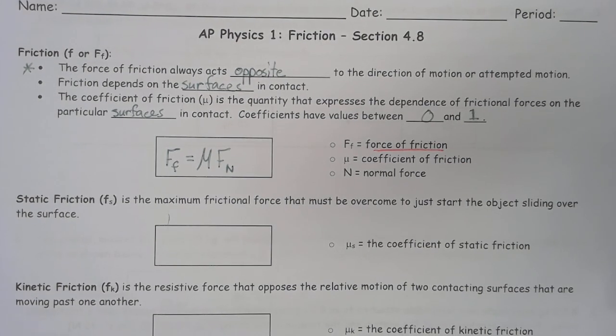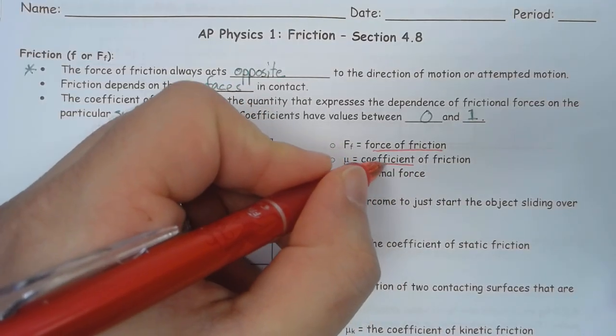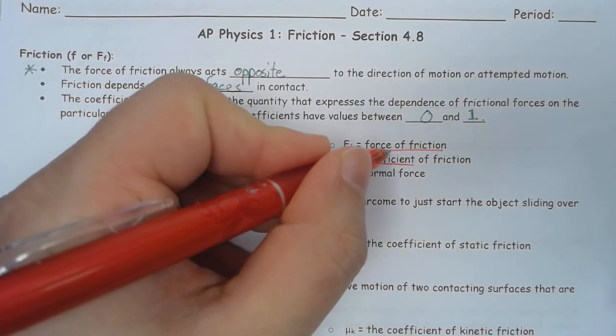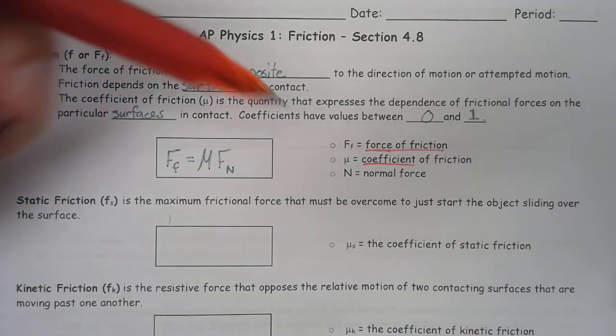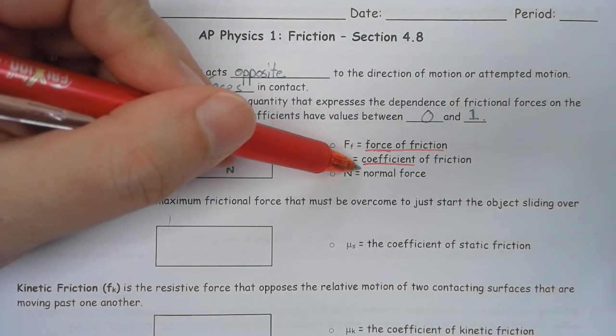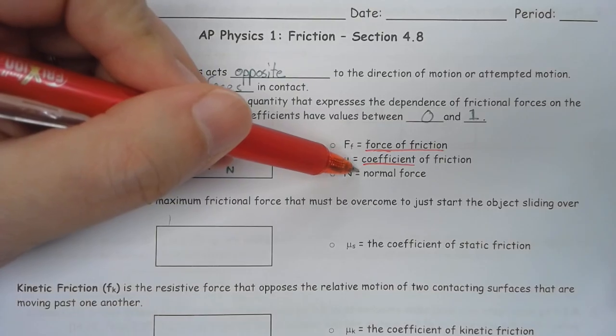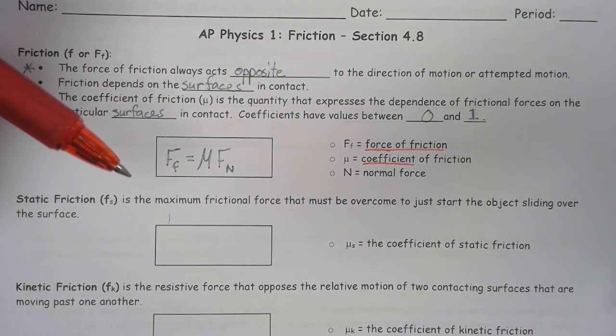Whenever a problem gives you the coefficient of friction, it will say the coefficient of friction. What I really need to be underlining is just those nouns. Force versus the coefficient. That's the main topic. Of friction is just the adjective phrase, right?